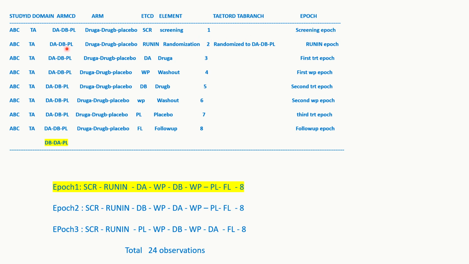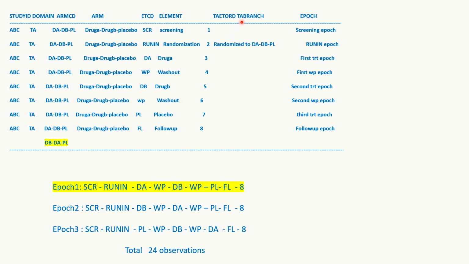In the same way, drug A, drug B, placebo will be the arm code, and the arm will be drug A, drug B, placebo. Once screening is over, then randomization, for which the trial element order is 2.